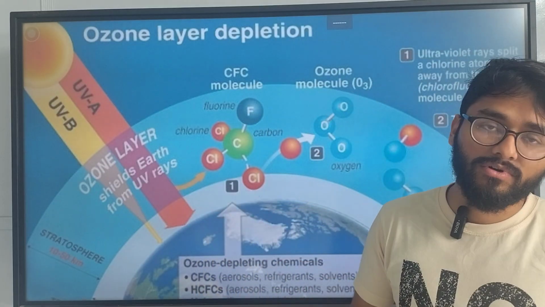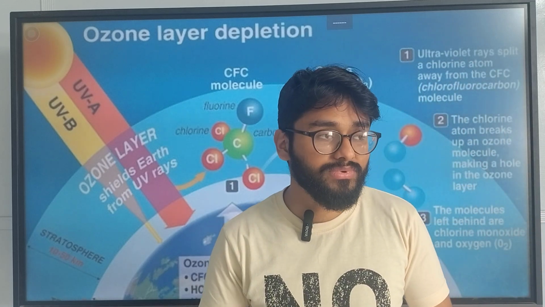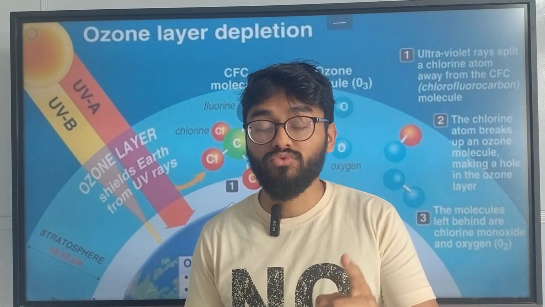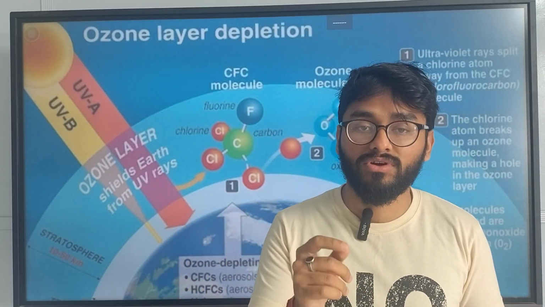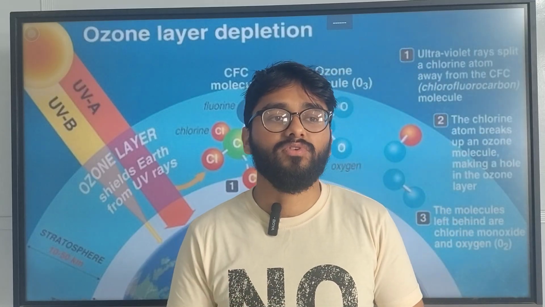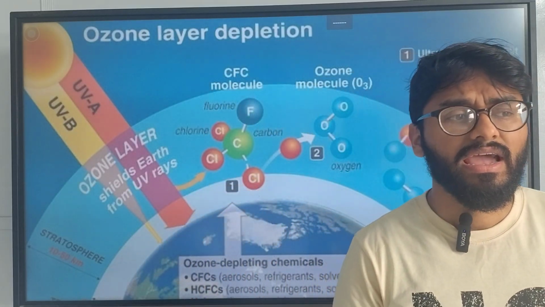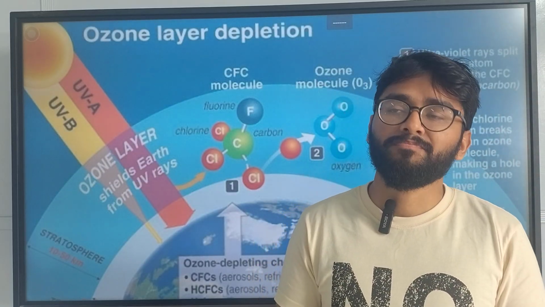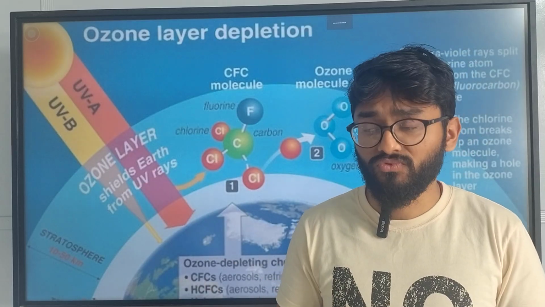If we move on to the ozone layer depletion, how does the ozone layer deplete, you might ask? The ozone layer simply depletes through the action of CFC, chlorofluorocarbon. How does it form, or why is it recommended that you don't use any of those CFL bulbs, or any of those old bulbs? Why?